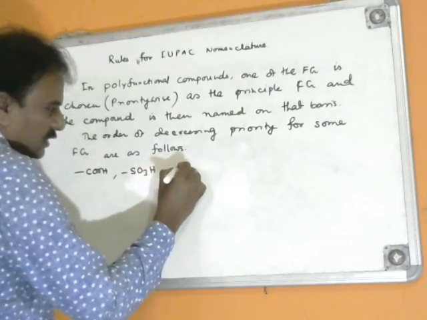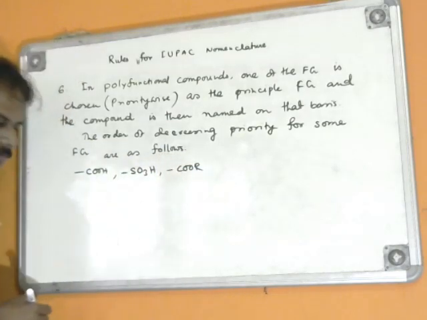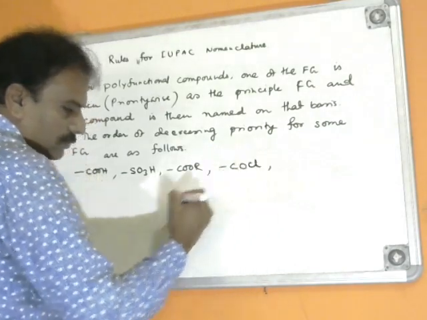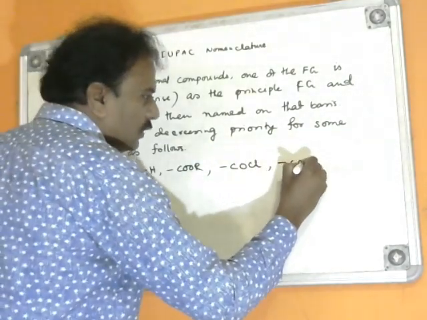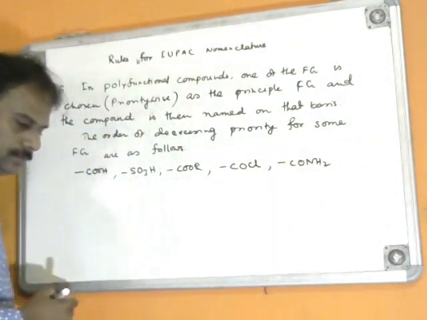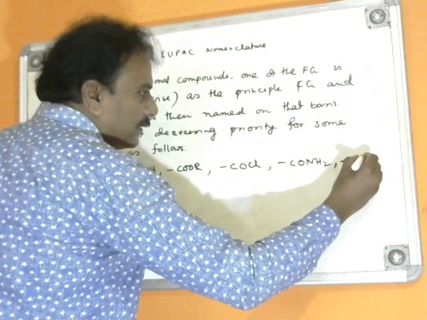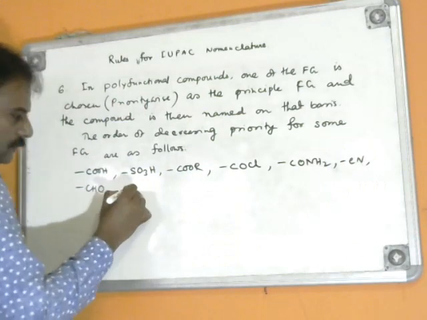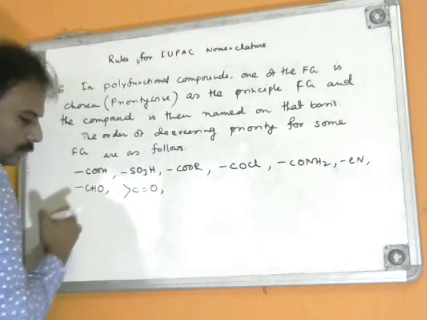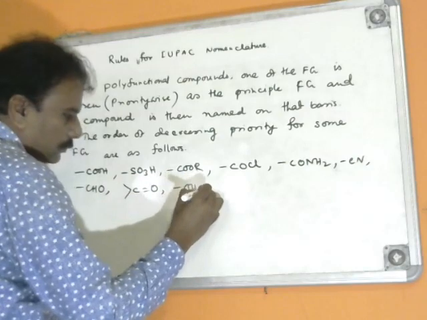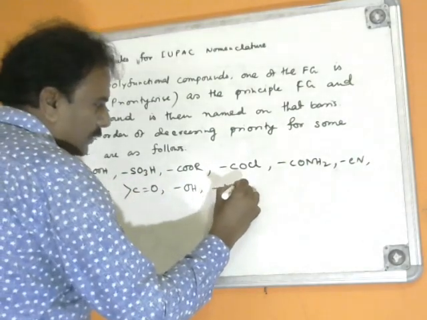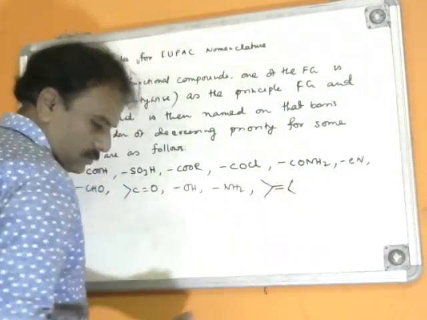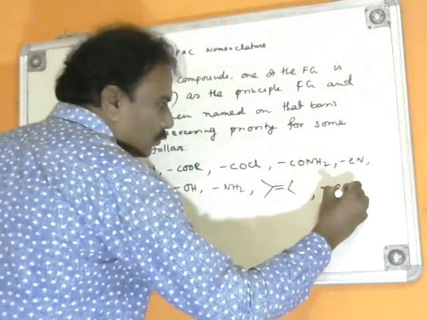Then COOR, now COCl, then CONH2 amide, then CN, then aldehyde group CHO, then ketonic group, then alcohol, then NH2, then alkene, and least priority goes to alkynes.